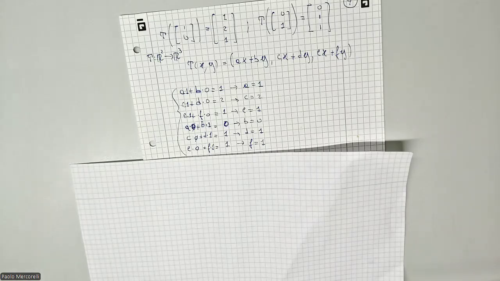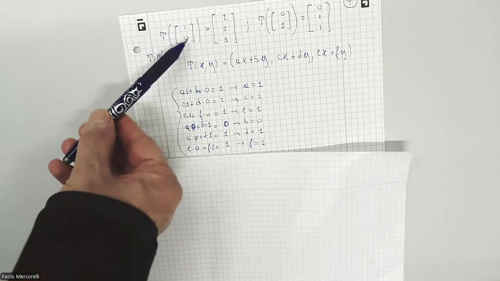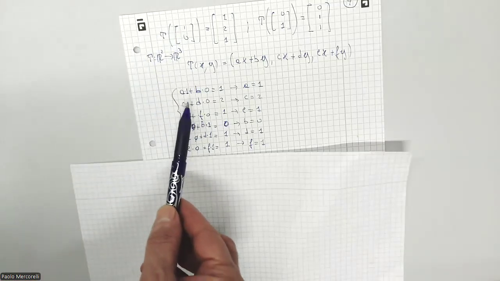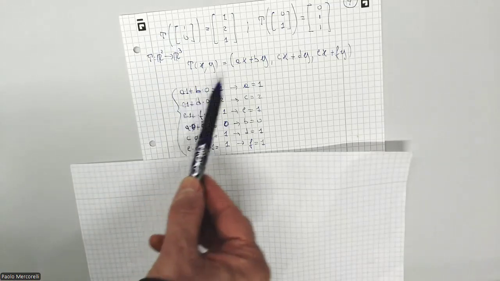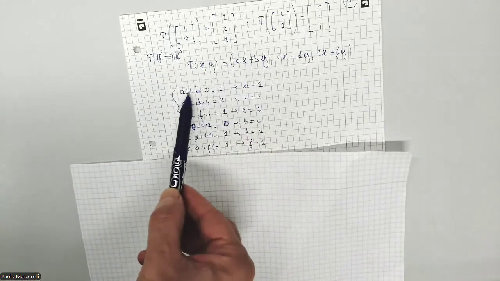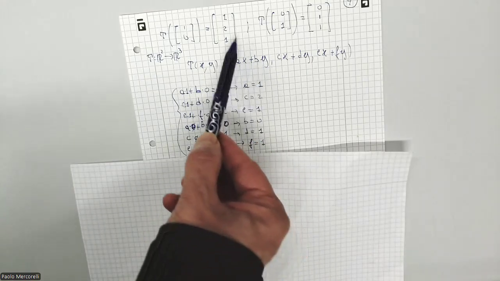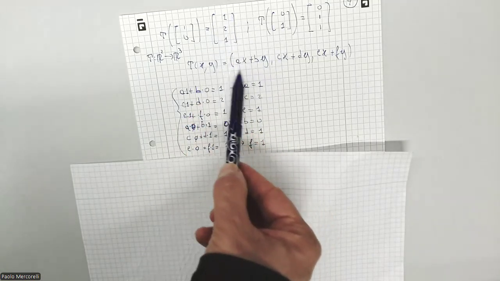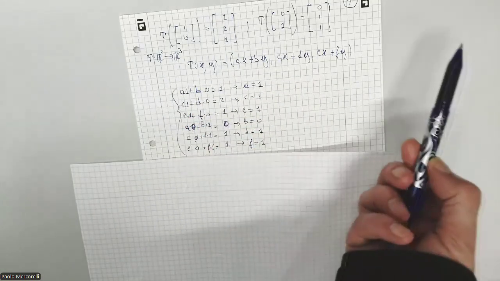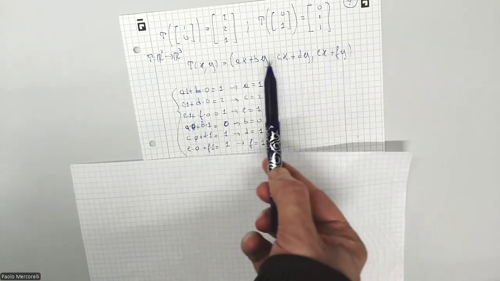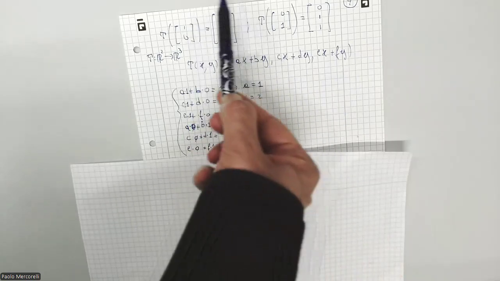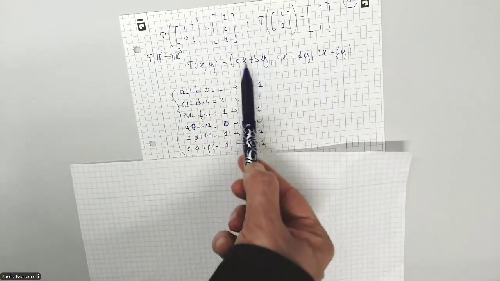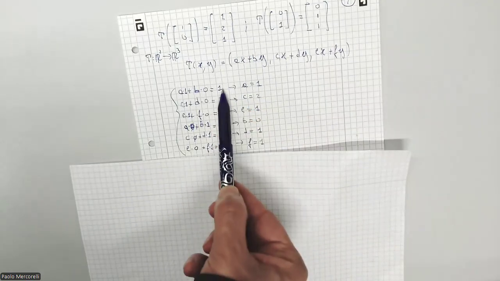This means A multiply 1 plus B multiply 0 equals the first element, because on the right part of the equality we are in the first element. This means A must be equal 1.